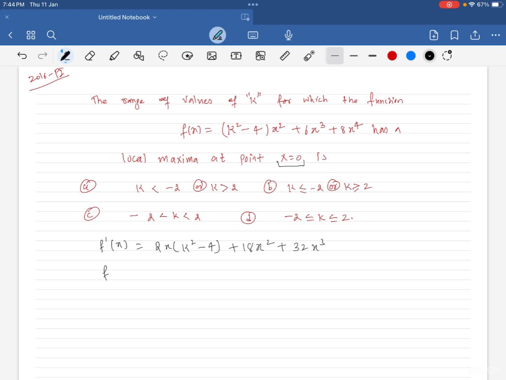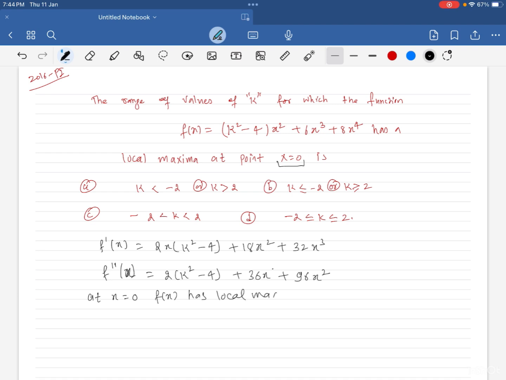Now find the double derivative. So the double derivative would be 2(k² − 4) + 36x + 96x².